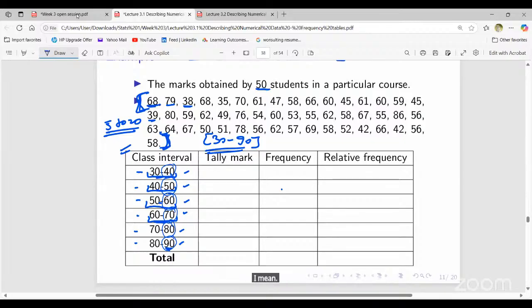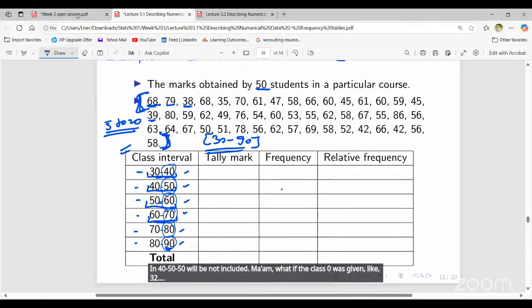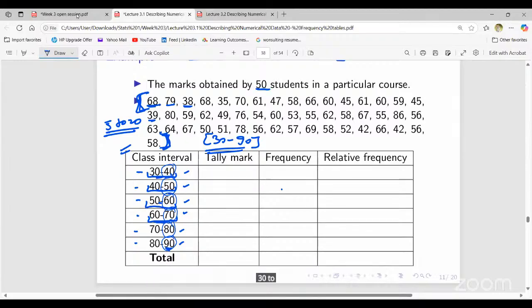Ma'am, in this case I have a doubt. You said in 30 to 40, 40 will not be included in that first one. In 40 to 50, 50 will not be included. Ma'am, what if the class interval was given like 30 to 40, 41 to 50, 51 to 60? You see, there are different rules.